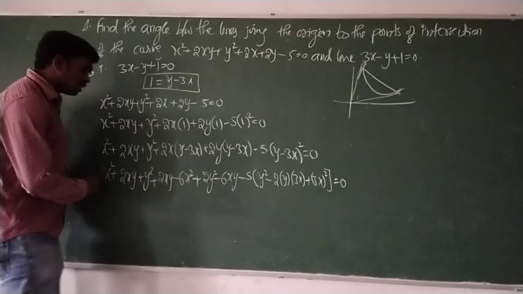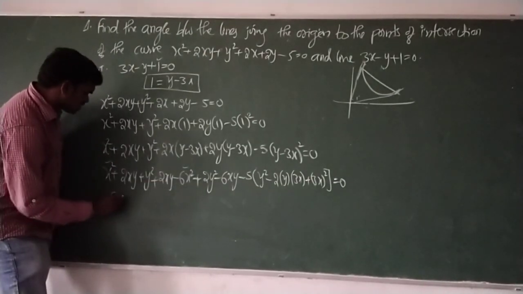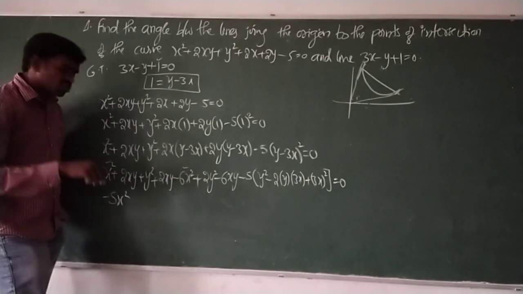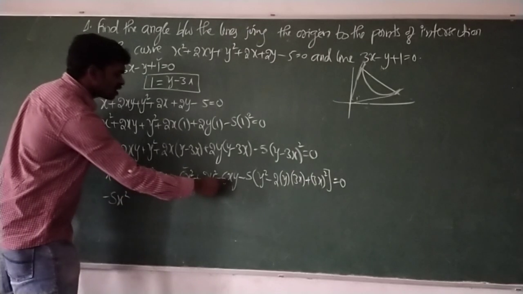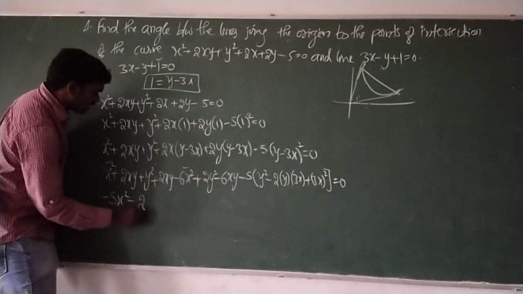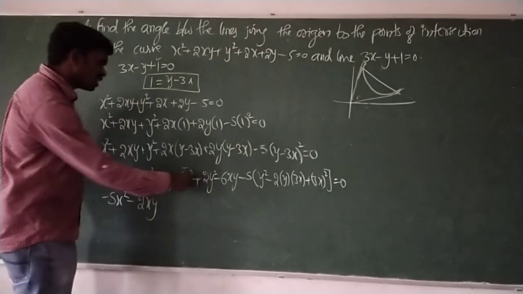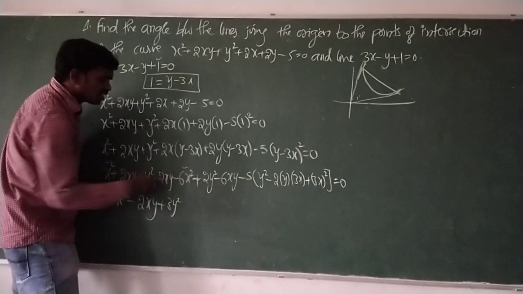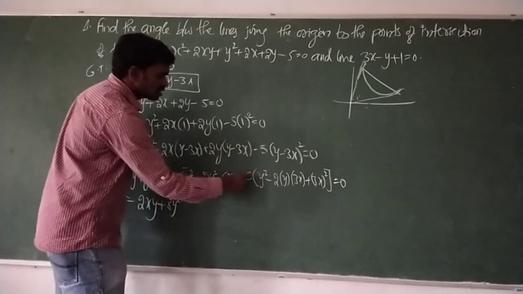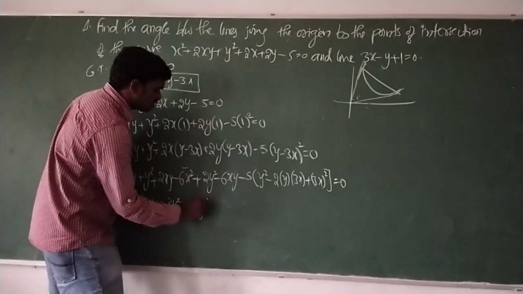So in this, x square and this minus x square, so it becomes minus 5x square. Next to write xy terms: here 2xy, here 2xy, 4xy, 4xy minus 6xy becomes what? Minus 2xy. Am I right? Next y square terms. Here 1y square is there, here 2y square is there, becomes 3y square. This simplification is over, and then this minus 5 into y square becomes minus 5y square.